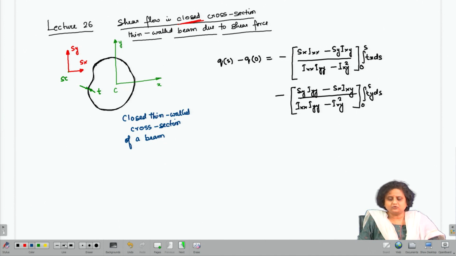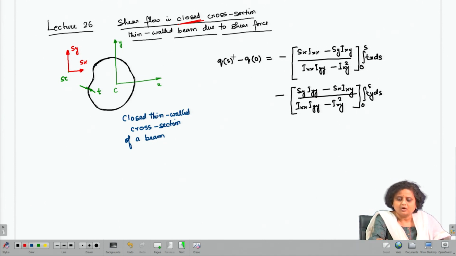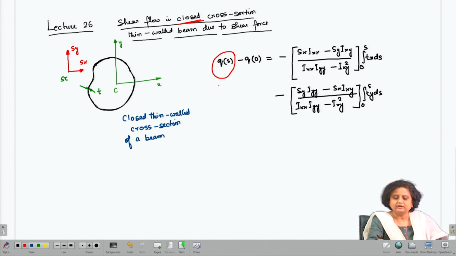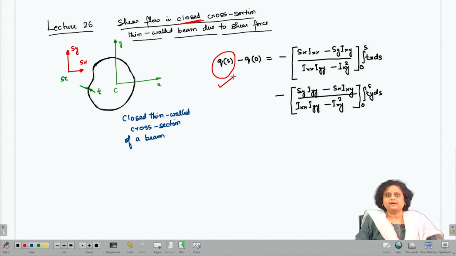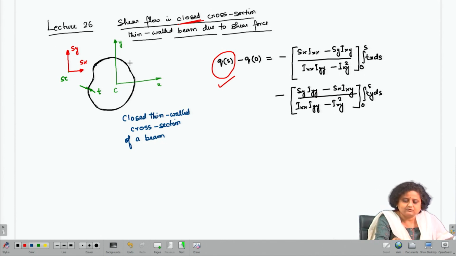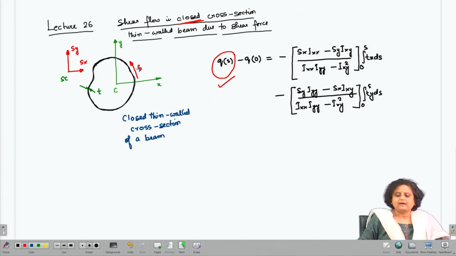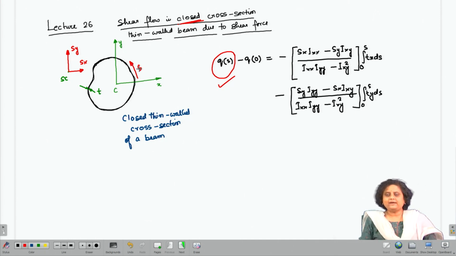Now, if we want to find the shear flow, as we have done in the earlier lecture, we want to find the shear flow qs in this cross section as a function of s, where s is this coordinate. So, we have used this given expression to find the shear flow in a closed cross section beam.